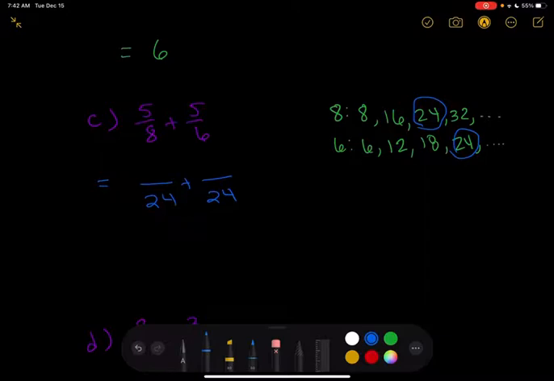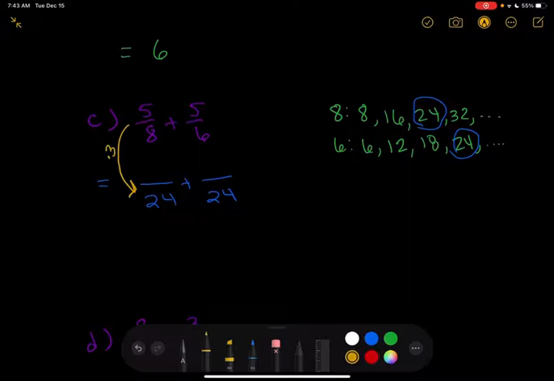So watch this part closely here. If I have 8 and I'm scaling it up, 8 to 24, what am I multiplying that by? 8 times 3. Okay, so I'm going to put a little times 3 is 24. So if I blew up the bottom of my fraction by doing times 3, I need to do that to the top.